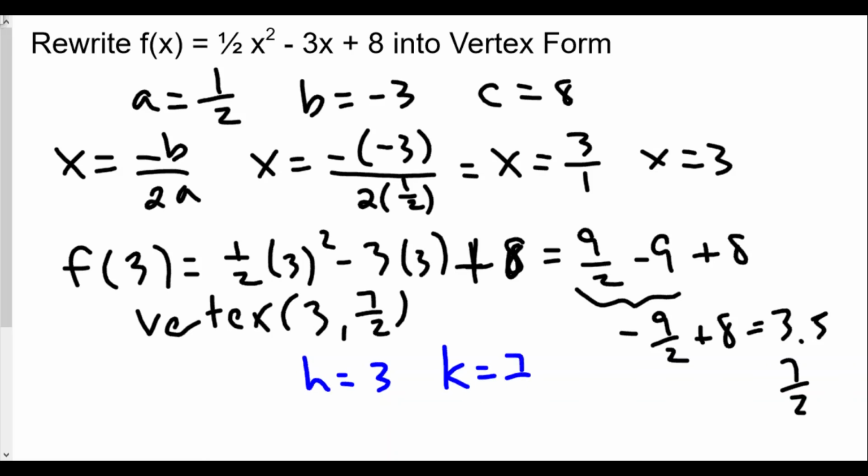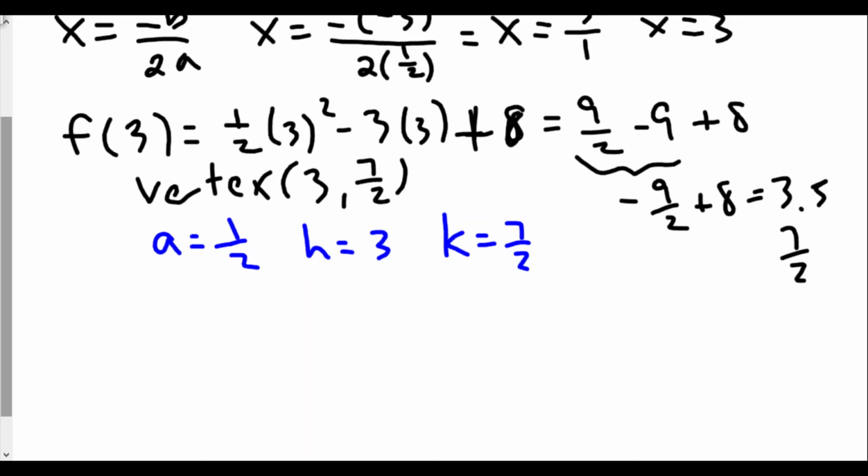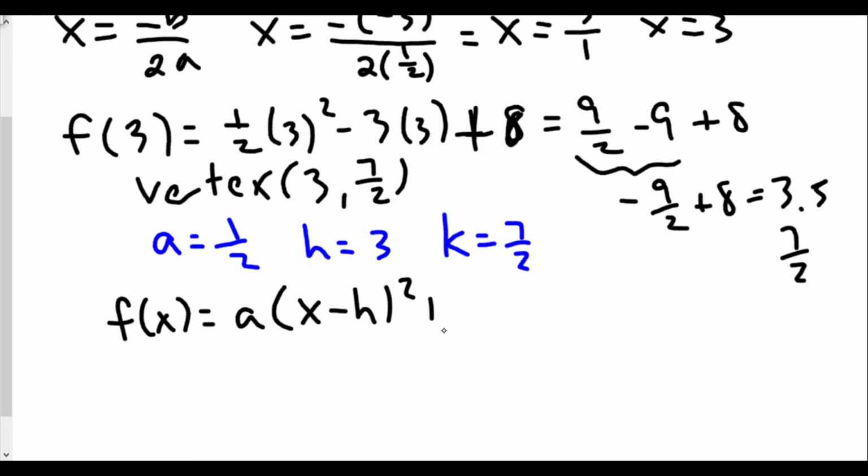Or 3.5, and our a value is 1/2. I'm going to leave everything fractions because we have everything fractions anyway. Our formula is f of x is equal to a times x minus h squared plus k.